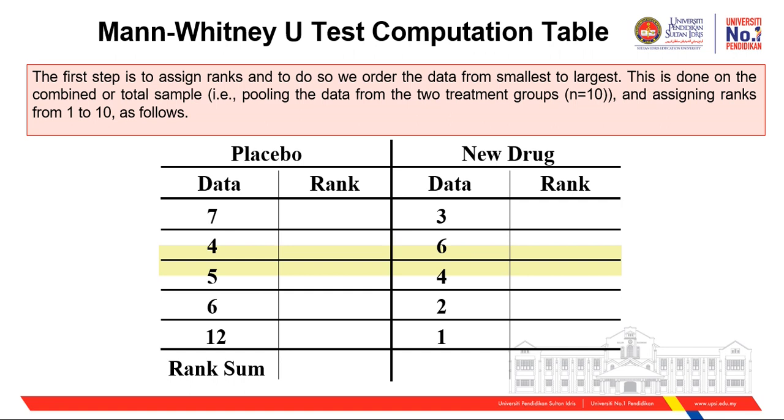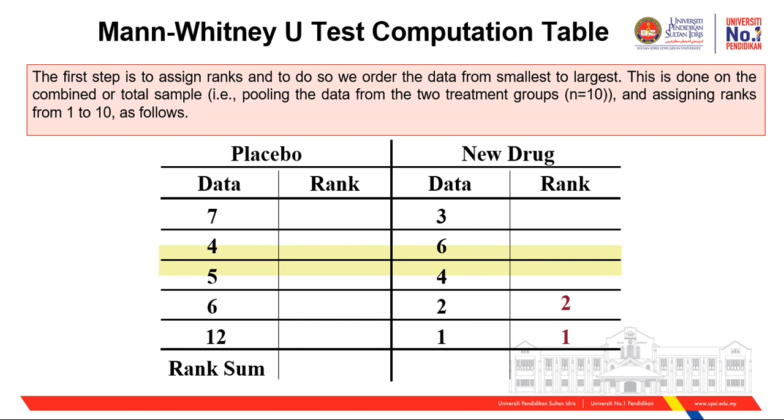Okay, as usual, the first step is to assign rank. And to do so, we order the data from smallest to largest. Remember, we total up the data: N1 5 and N2 5 becomes 10. So we need to give the rank to the data. The smallest one is 1, so rank number 1. And then 2, rank number 2.